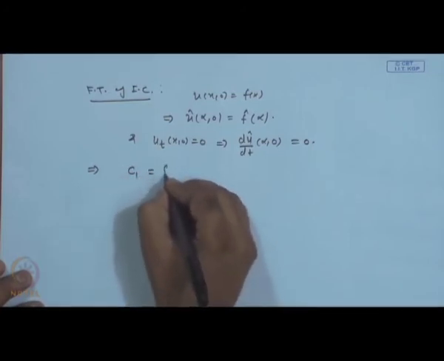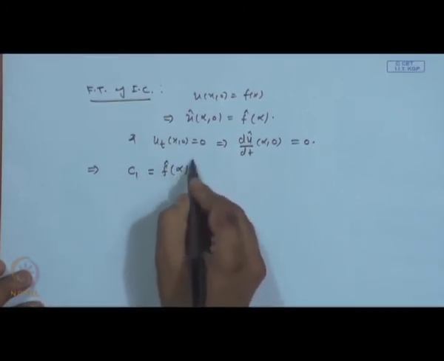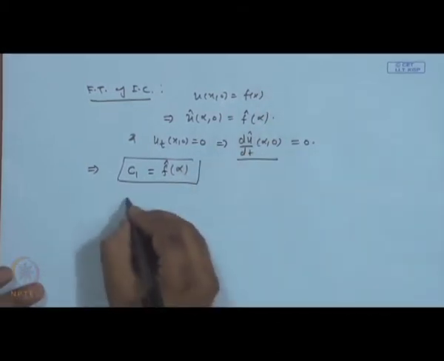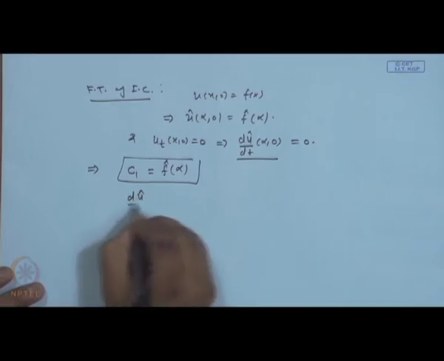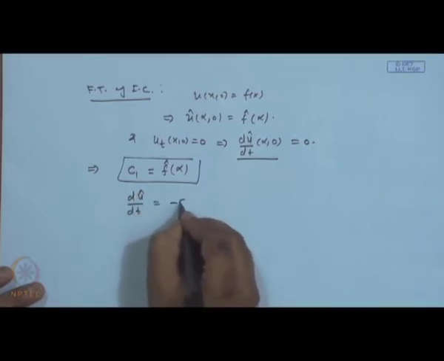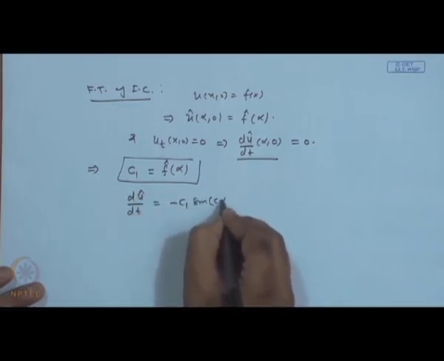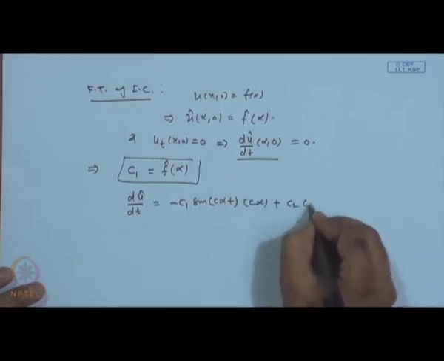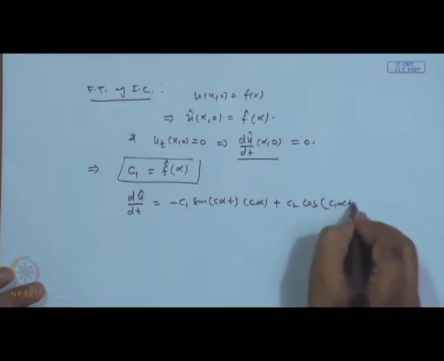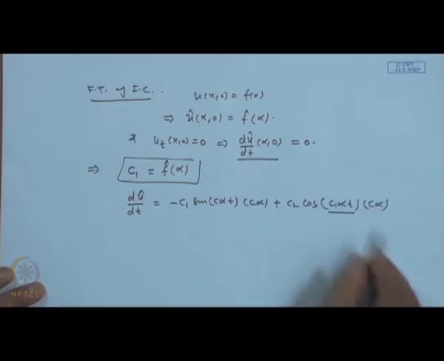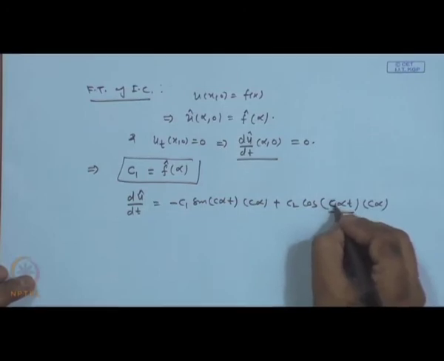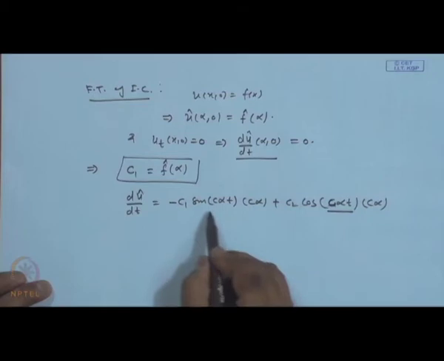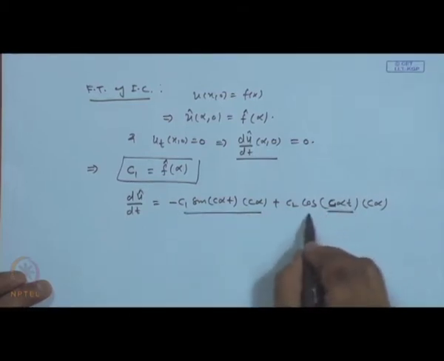We get C1 is f̂(α), and from the second condition we need to get the derivative first. So dû/dt is minus C1 sin(cαt) times cα, plus C2, and for sin we have cosine now, cos(cαt), and again the derivative of this gives cα. Now if we put t to 0, in this case the sine term will disappear, the cosine is 1.